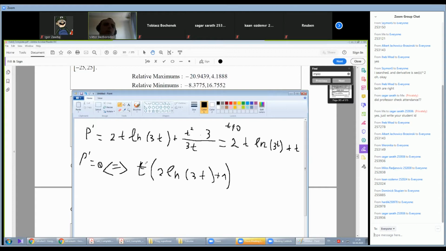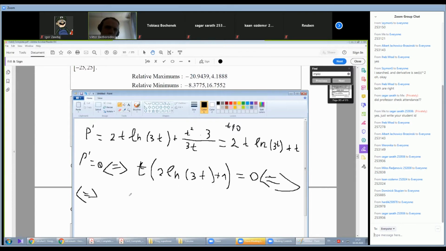We know that t is not equal to 0, so this equals 0 is equivalent to the expression in the parentheses being 0.